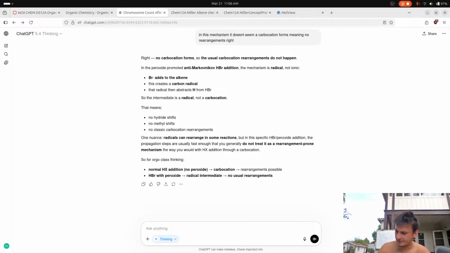Anti-Markovnikov hydrohalogenation. No rearrangements possible. Not with the peroxide.